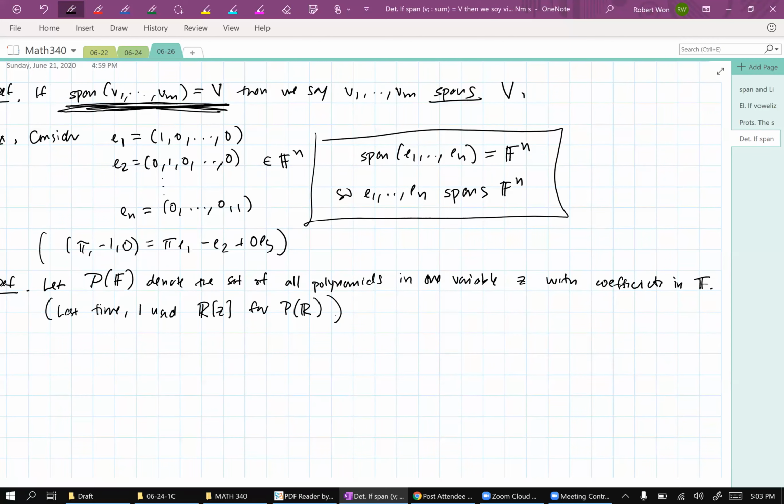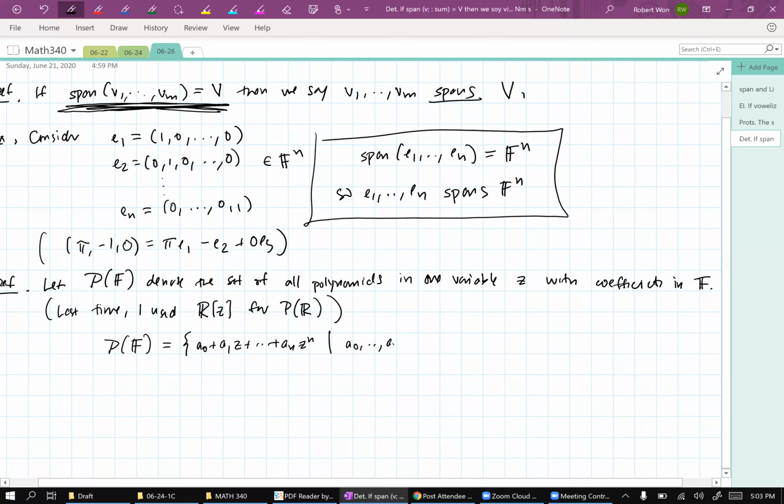So P(F) is all polynomials. It's all elements that look like a0 plus a1 z plus ... plus an z^n, where a0 through an are scalars and n is some natural number. All the polynomials that you can make with the variable z with coefficients in F.